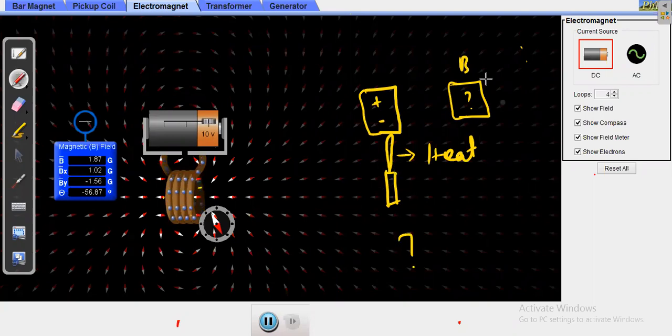Later you measure the field, whether it will be the same. Anyway, some field will be there due to the earth's magnetic field, please don't get confused with that. What is the magnetic field due to this bar magnet, north and south, after heating? Whether it is retaining its magnetic properties or the magnetic property is getting lost.